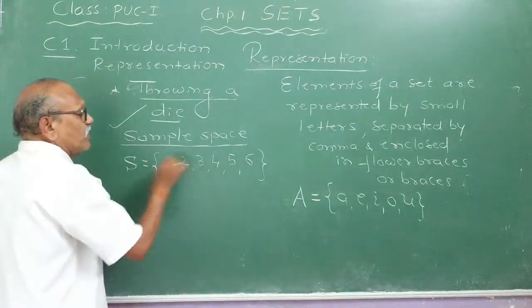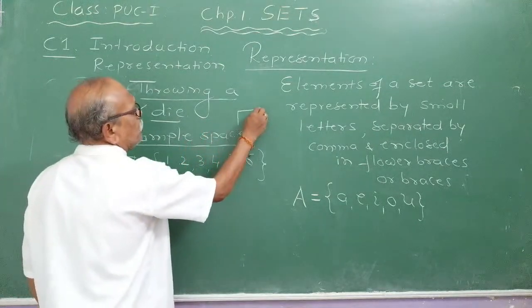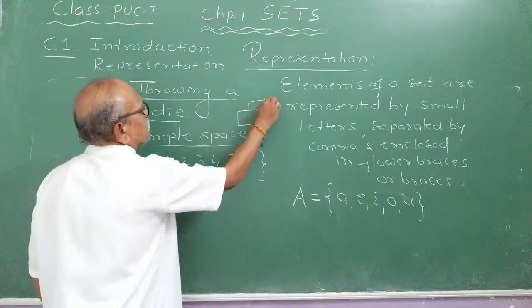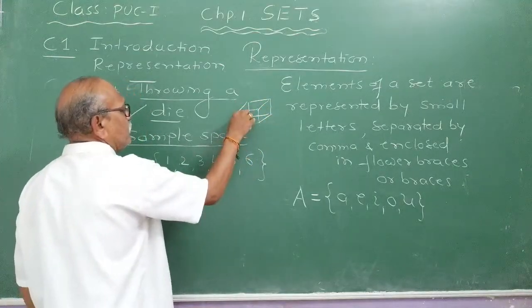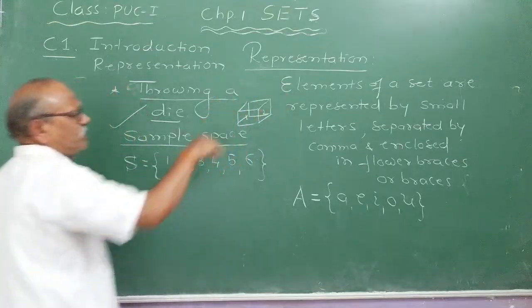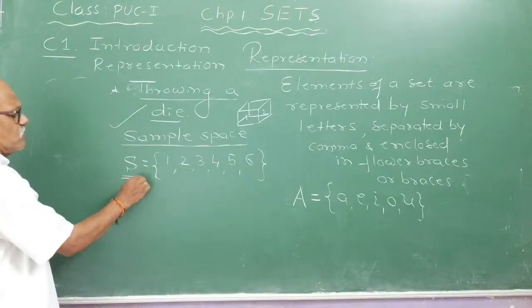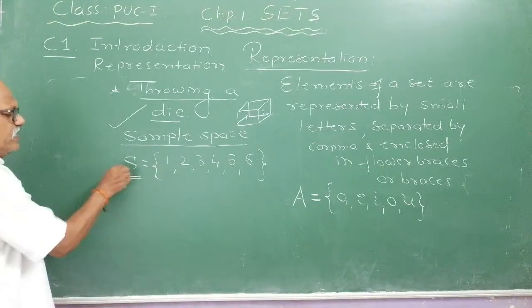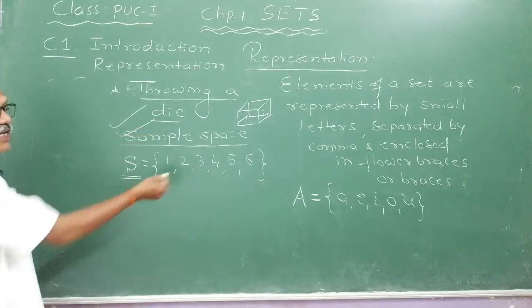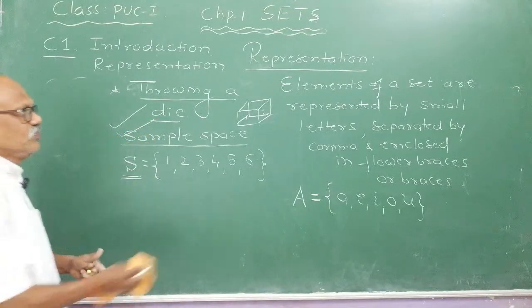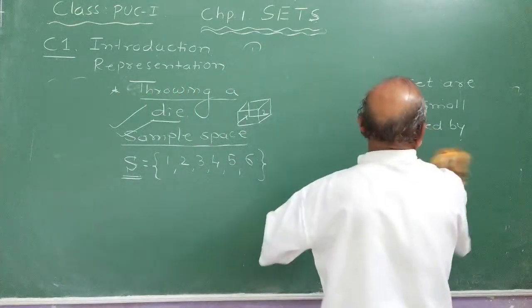These are well-defined objects, because a die is like a cube, and every face is numbered 1 to 6. The total outcomes are denoted by capital S, which stands for sample space. There we are using sets. So we use sets everywhere.